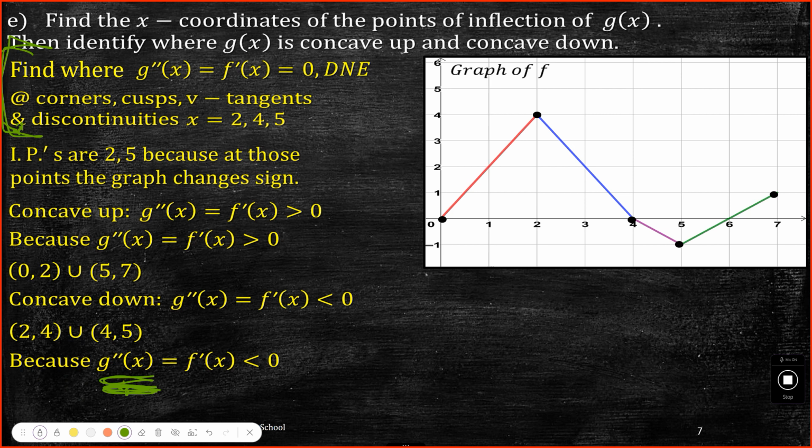The acceleration is equal to what? The rate of change of the velocity is less than 0. g prime of x is not equal to 0.